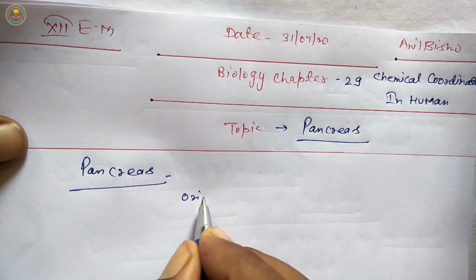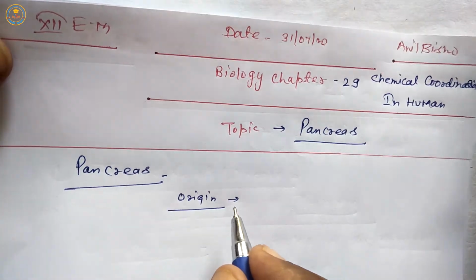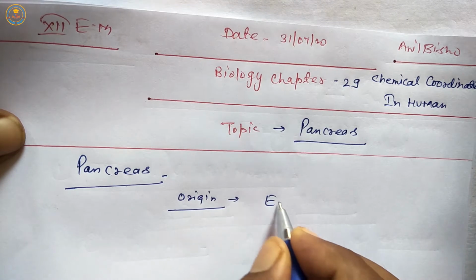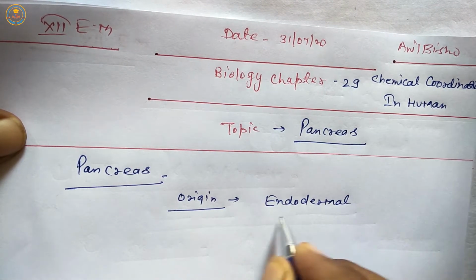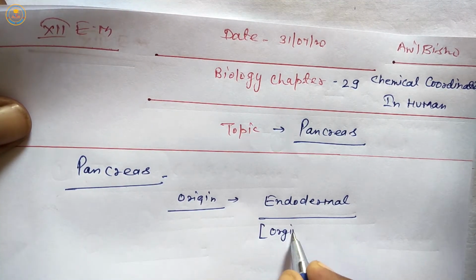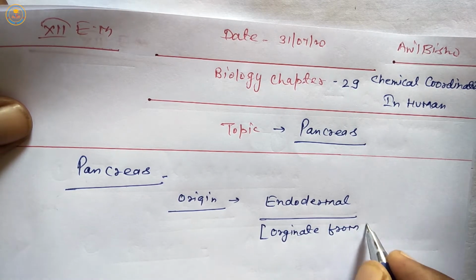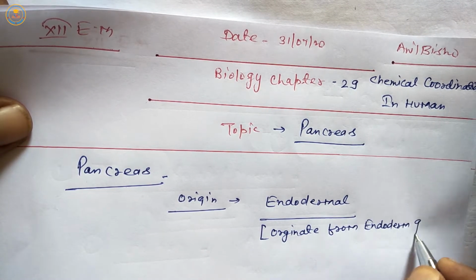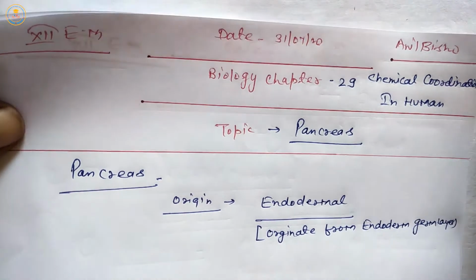First is origin. Students, pancreas is endodermal in origin. Endodermal in origin means it originates from the endoderm germ layer.